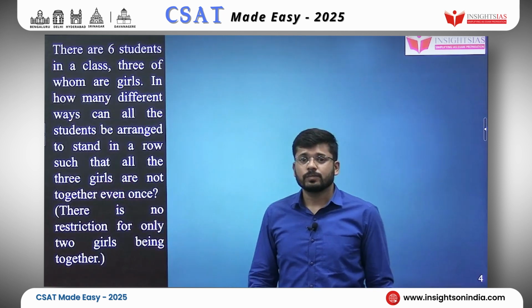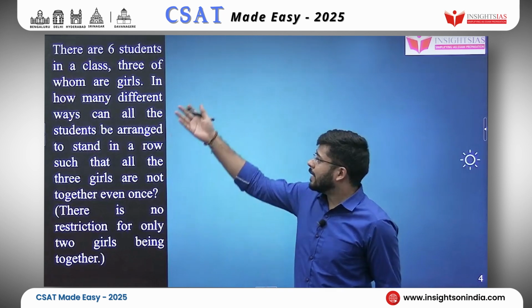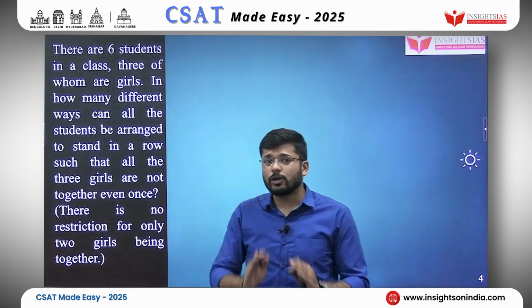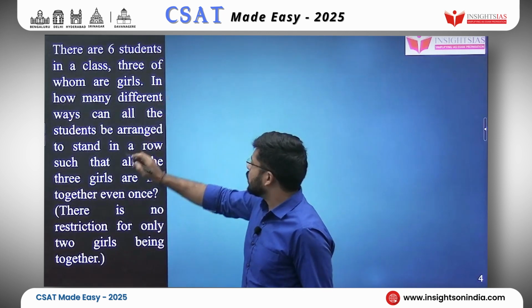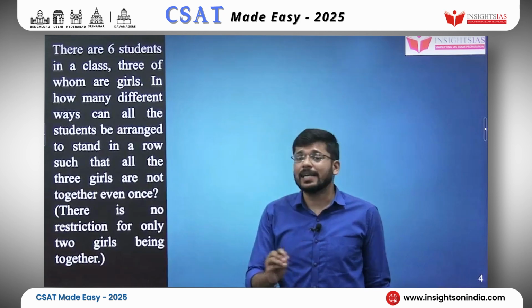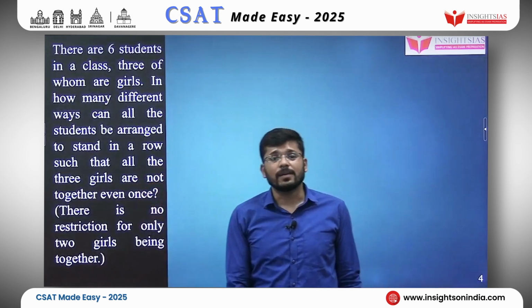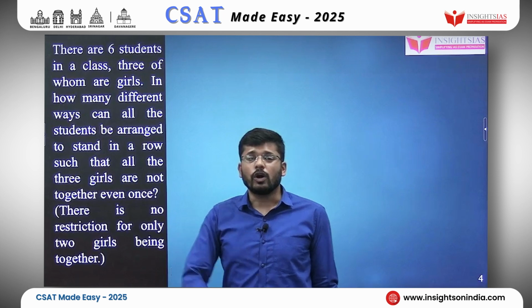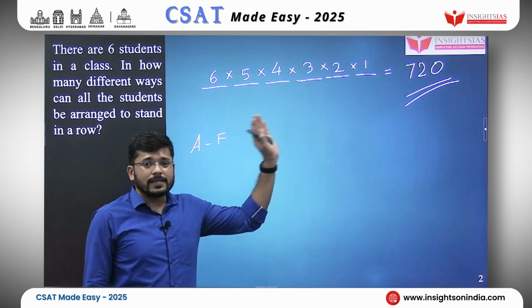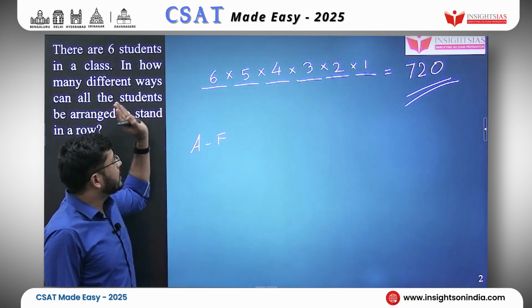They are asking us to count all the ways, but they are asking us to exclude one particular condition. They are asking us to count the number of ways in which they can stand, excluding one case. Which is that case? When all the 3 girls are together. So what we can do is, we can consider this. This is the first question.